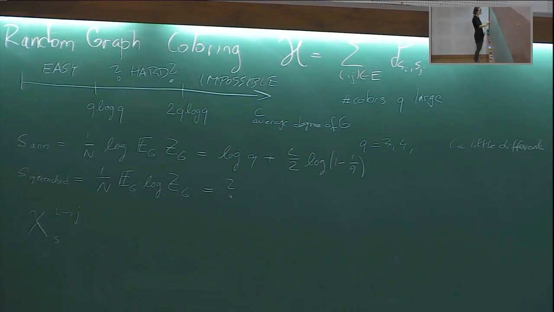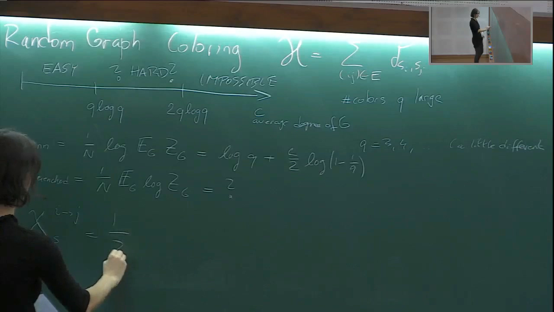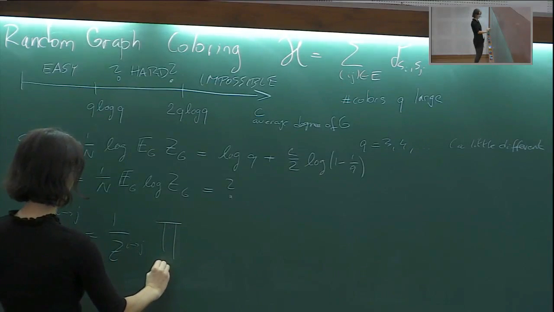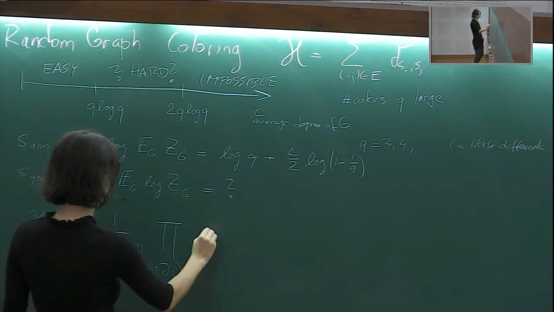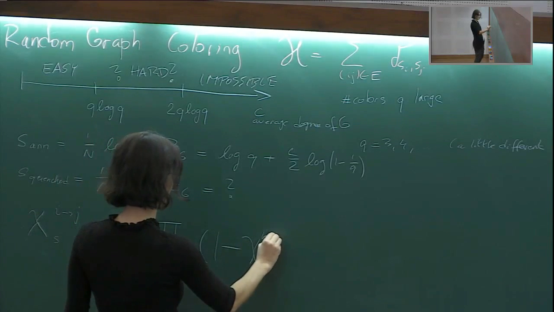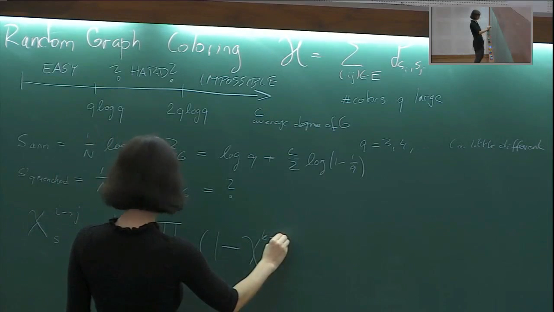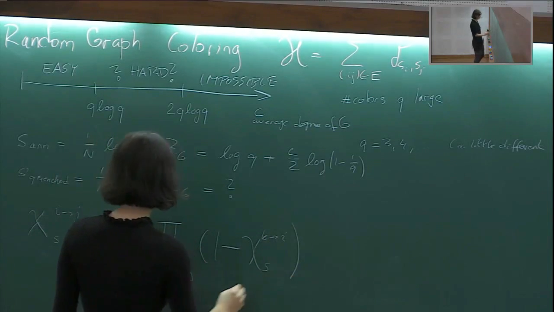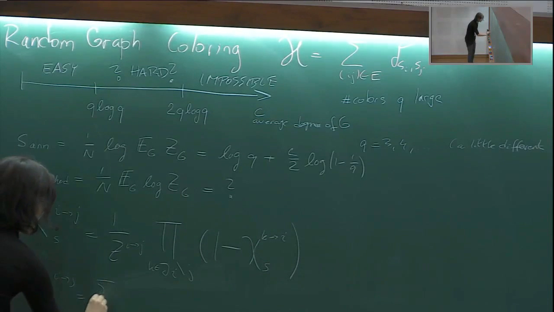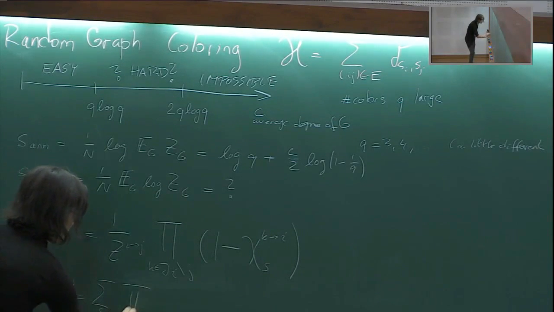This would be the node I, this would be the node J, this would be the node K. So this guy updates with some kind of normalization and a product over all neighbors of I, but not J, of 1 minus the same message from K to I, where the Z is defined as the sum over S of the same quantity.